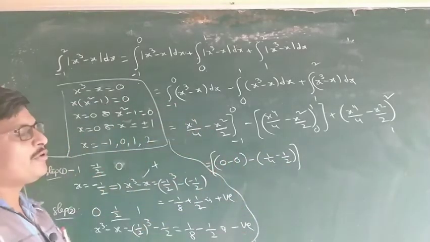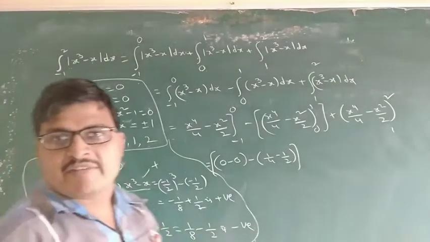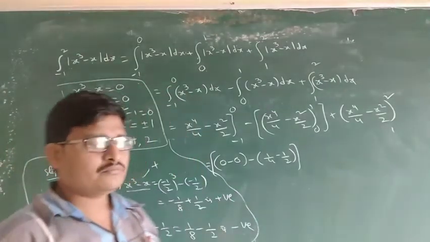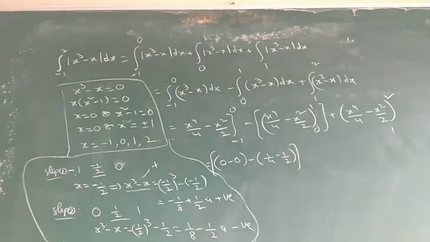Minus 1 whole power 4: minus 1 whole power an even number is equal to plus 1. And minus 1 whole power an odd number is equal to minus 1.